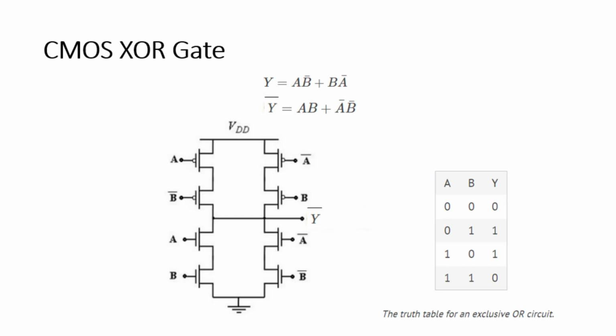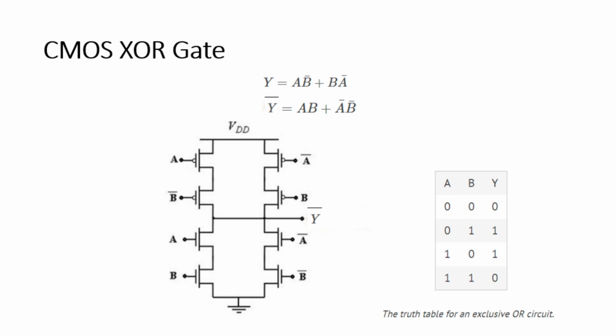So when we implement our logic equation, what we need is the inverted output. As you can see, this is not the inverted output, so we generate it by taking double bar of this. So the inverted output for this case turns out to be A dot B plus A bar dot B bar.